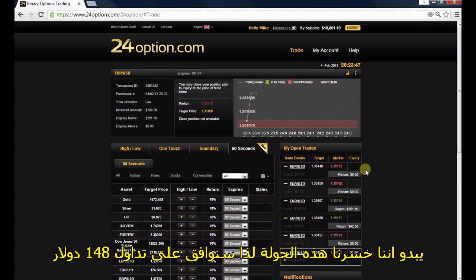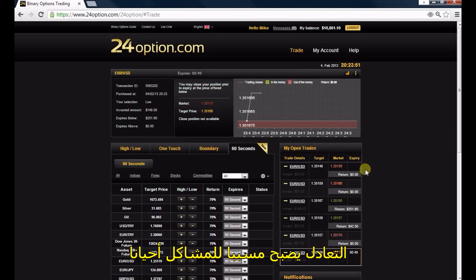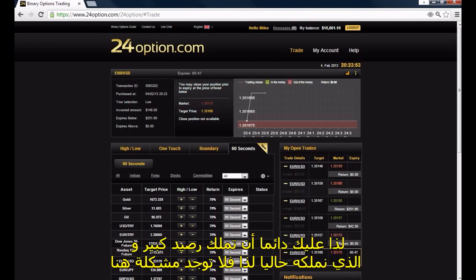Ties sometimes are a little bit problematic because you've upped the ante, so you have to make sure you have a high enough balance in order to compensate for it, which we do have, so it shouldn't be a problem for us.